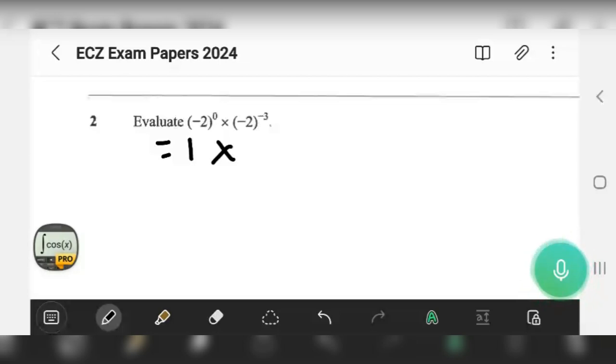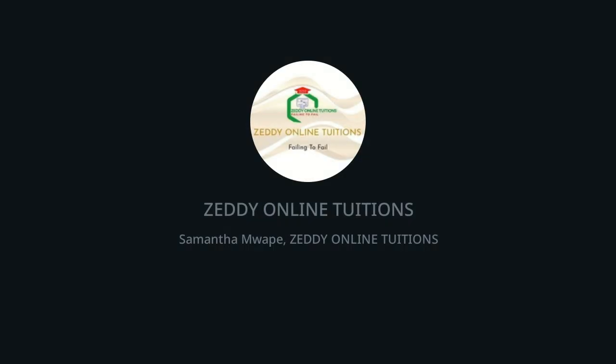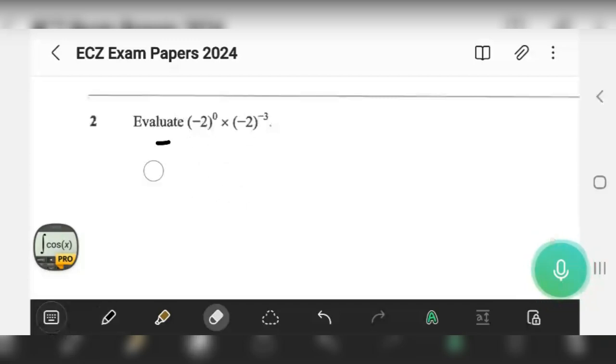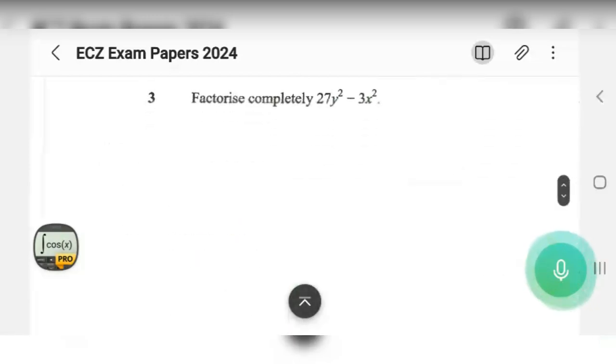I think we should do more questions on indices another time. I'm saying that we can skip this and deal with algebraic expressions for today, right? Yes. Okay, so that's basically what we're going to do.